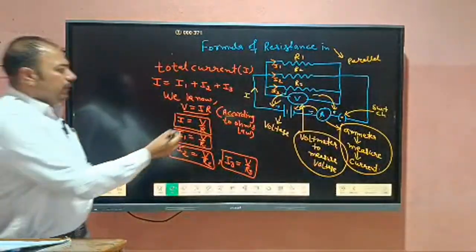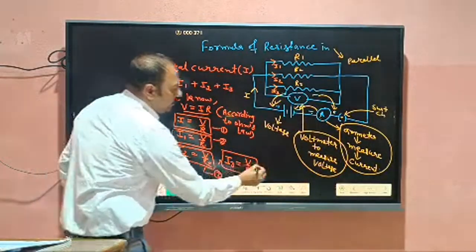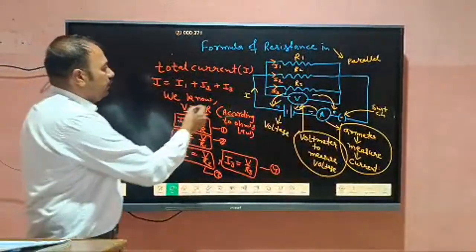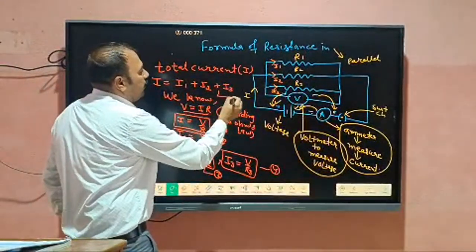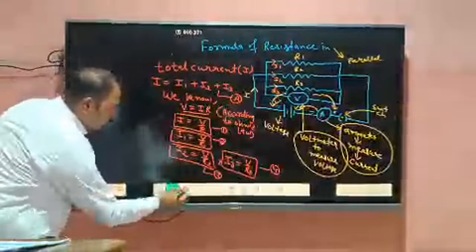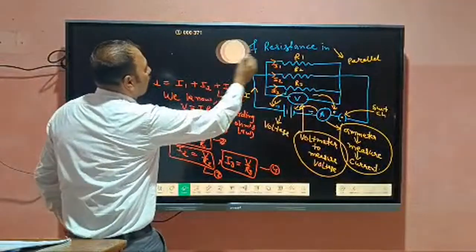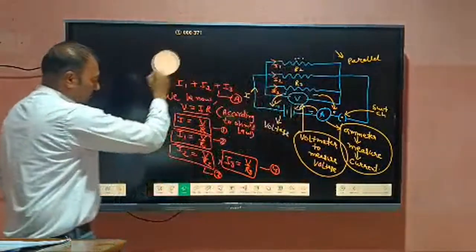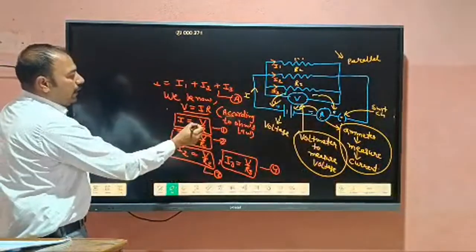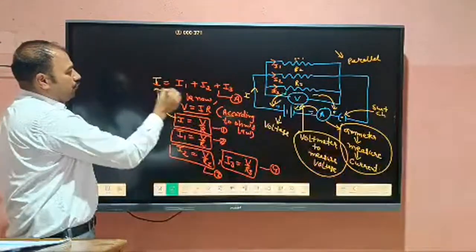So we can write these as equation 1, 2, 3 and equation 4. Put the values of I1, I2, I3 and I in equation A. What is the value of I?